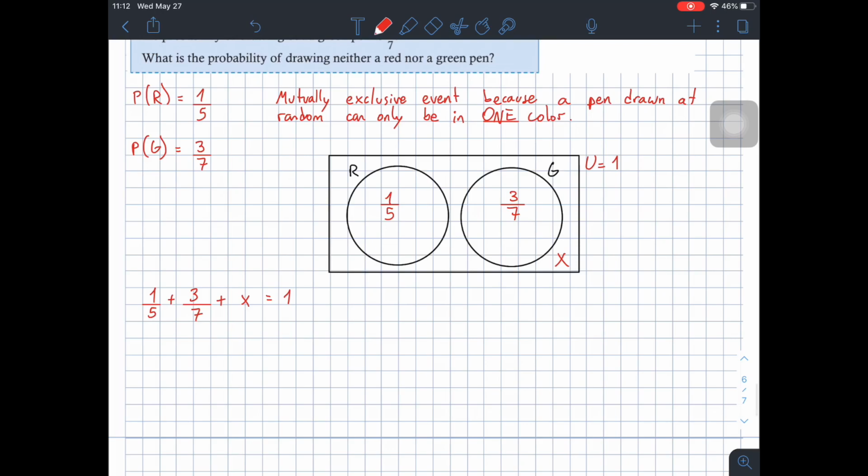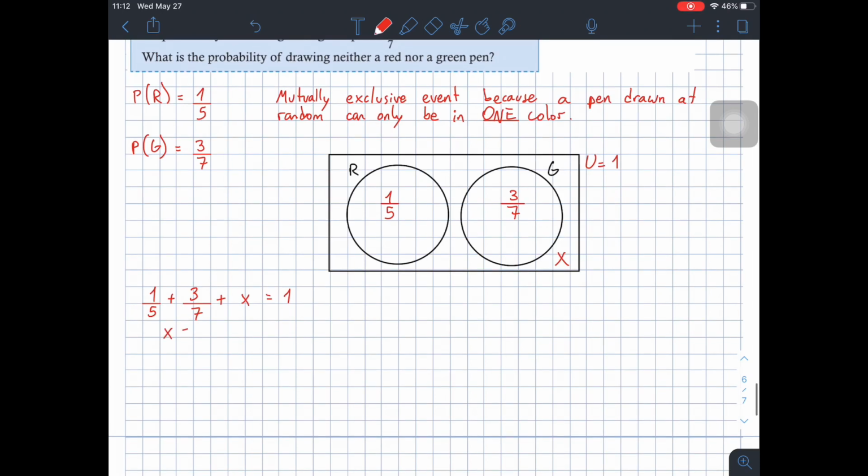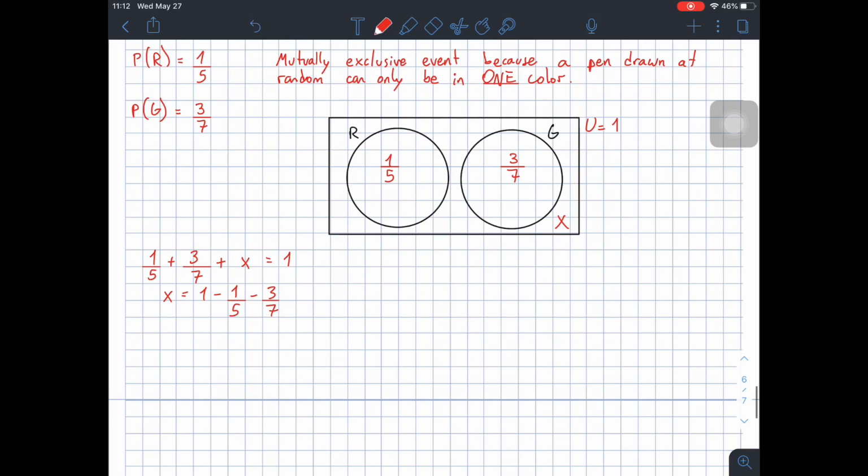So if I solve this without using a calculator, I'm going to take all of the elements to the other side. So x equals 1 minus 1/5 minus 3/7. And now I'm going to find the common denominator, which in this case would be 35, right? Common denominator between 1, 5, and 7 is 35.